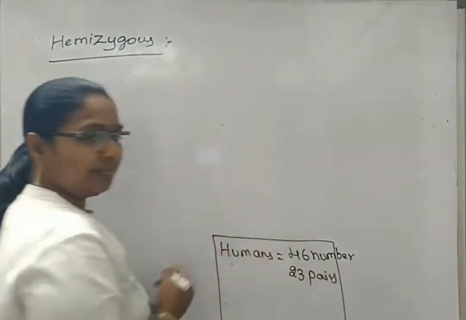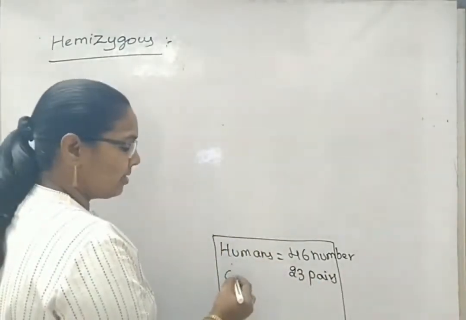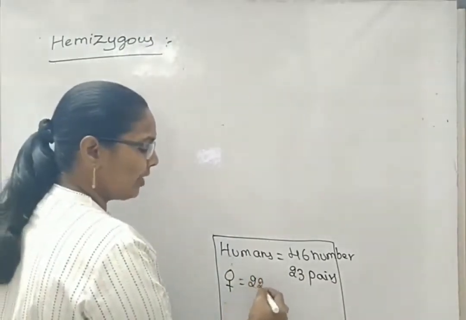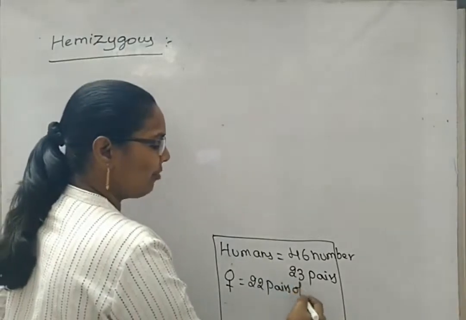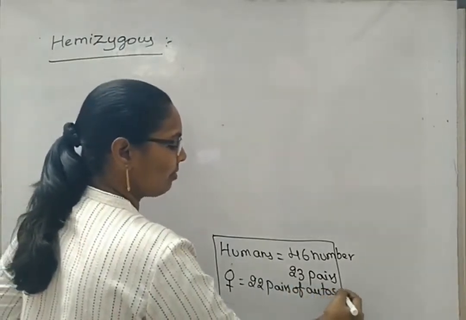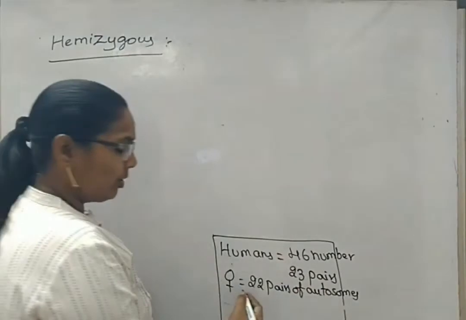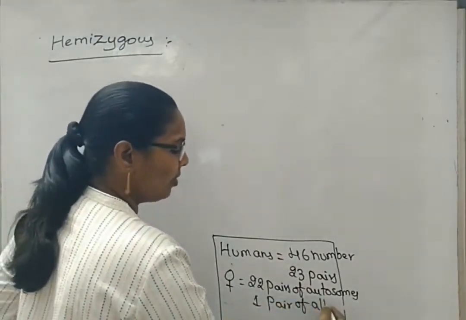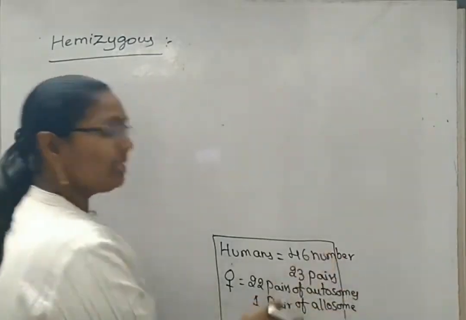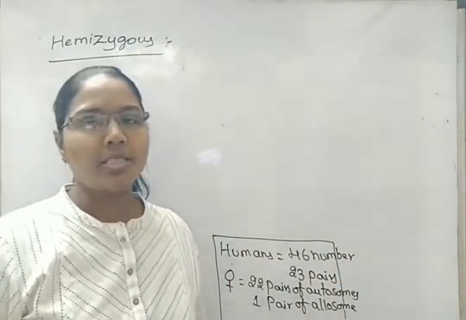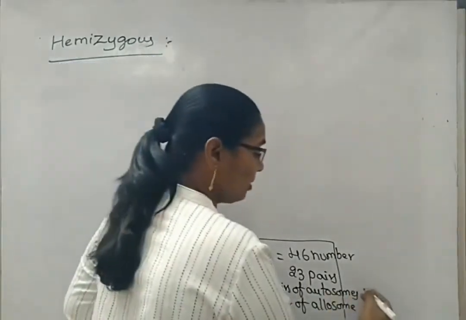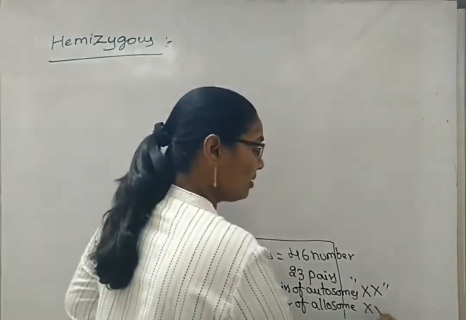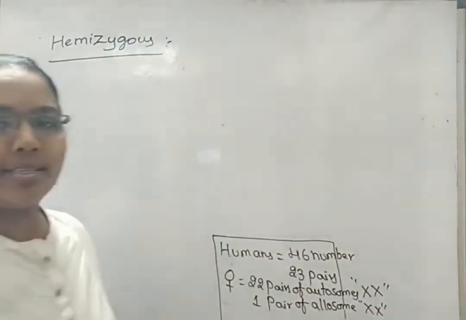Out of those 23 pairs, in female humans we have 22 pairs of autosomes and only one pair of allosome, which is the sex chromosomes. These 22 autosome pairs are of XX type in females, and the 23rd pair is also XX.